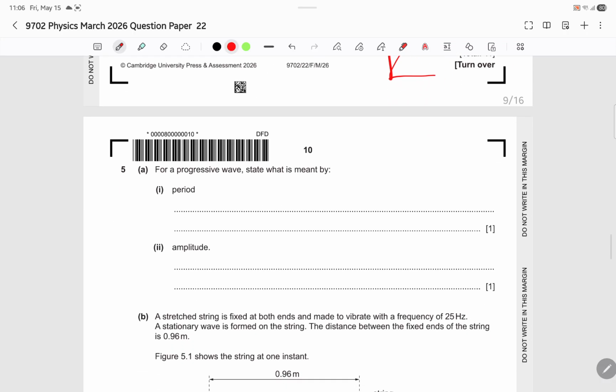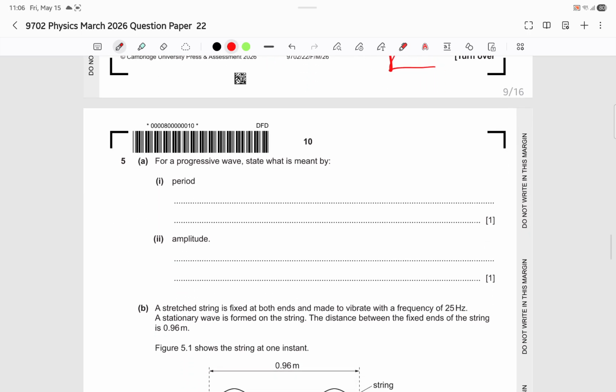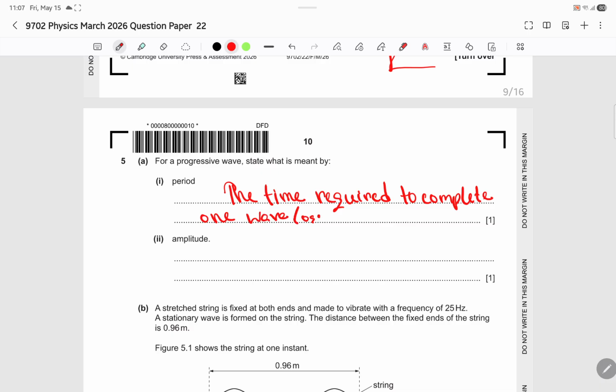Now, for a progressive wave, state what is meant by period and amplitude. Period is basically the time required to complete one wave, or you can write oscillation actually.